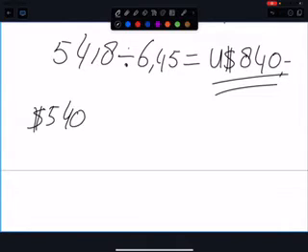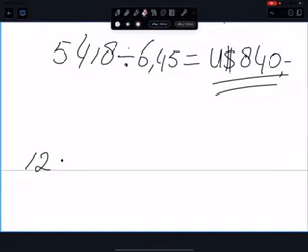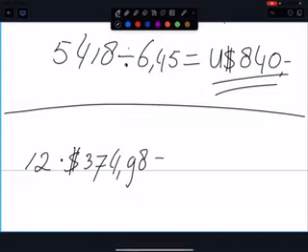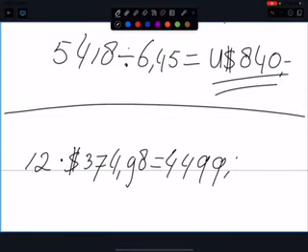$374.98. So how much do you pay in total? The way of going at it is, I leave that out. 12 multiplied by 374.98. That becomes $4,499.76.